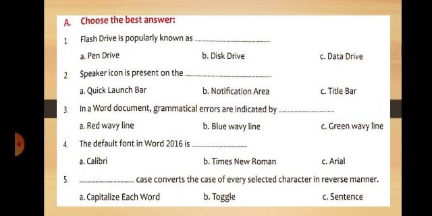Now, fourth one, the default font in Word 2016 is A. Calibri, B. Times New Roman, C. Arial, and the correct answer is Calibri, A. Fifth one, dash case converts the case of every selected character in reverse manner, and the correct answer is toggle.